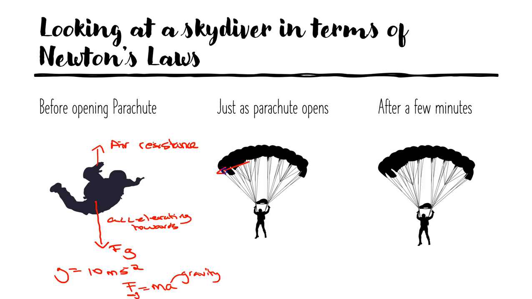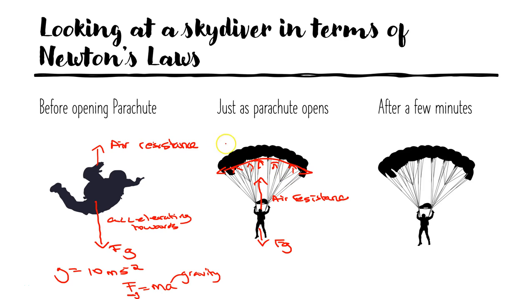This parachute increases the surface area, which means now you have air resistance working against a much greater surface area. So we increase the size of the air resistance. And what will happen initially is that the skydiver will be pulled upwards as that air resistance is initially greater than the force due to gravity.